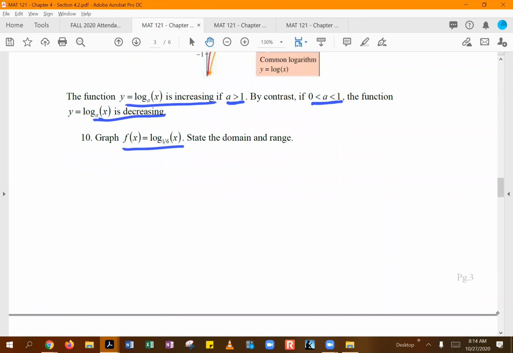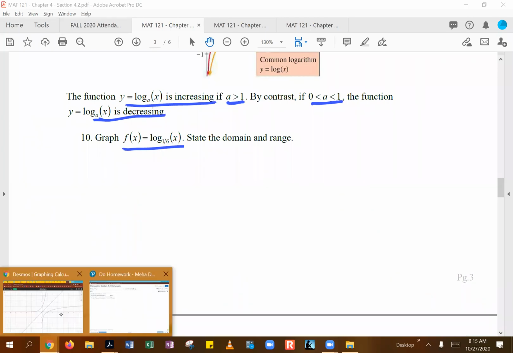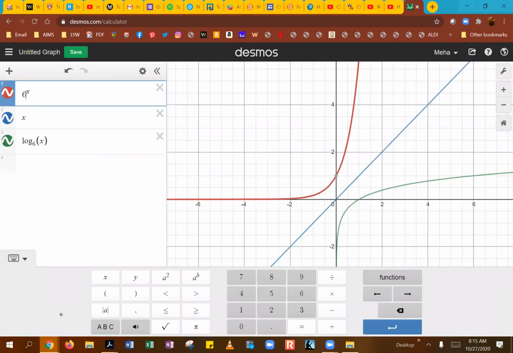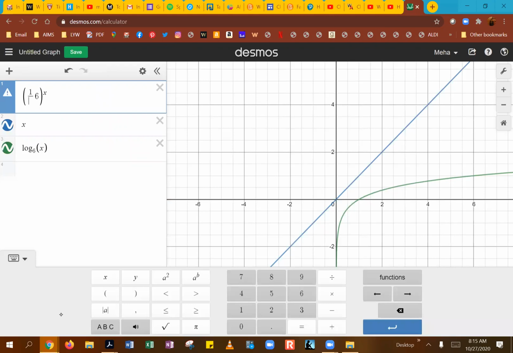So again, just to show you the graph, log of x with a base of 1/6. So let's change our exponential function also with a base of 1/6. And you will notice how the direction of our red graph changes.